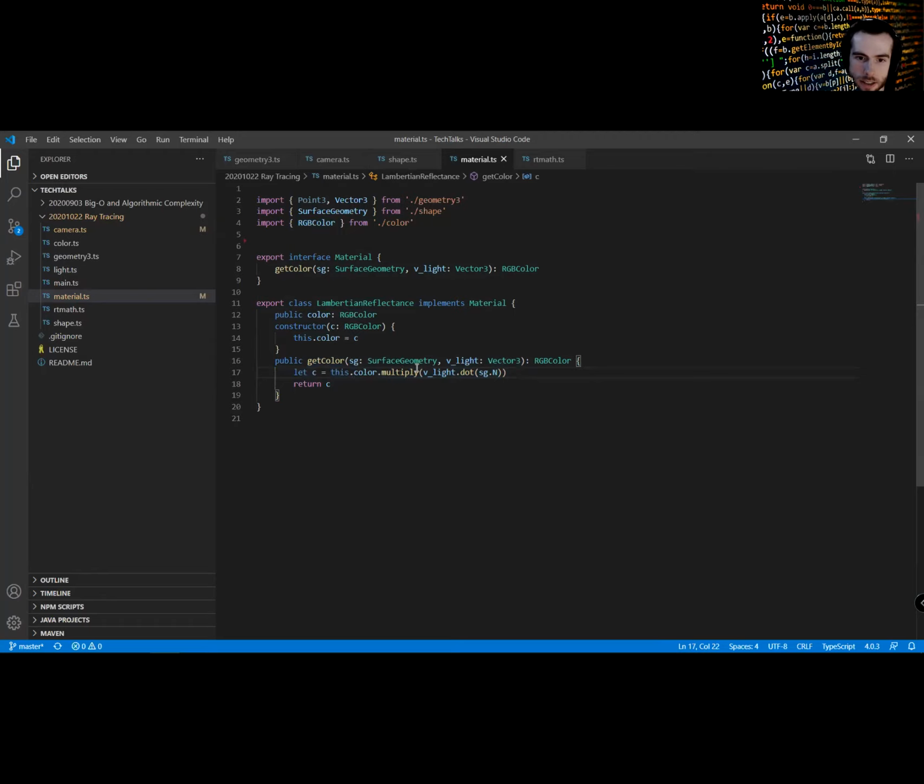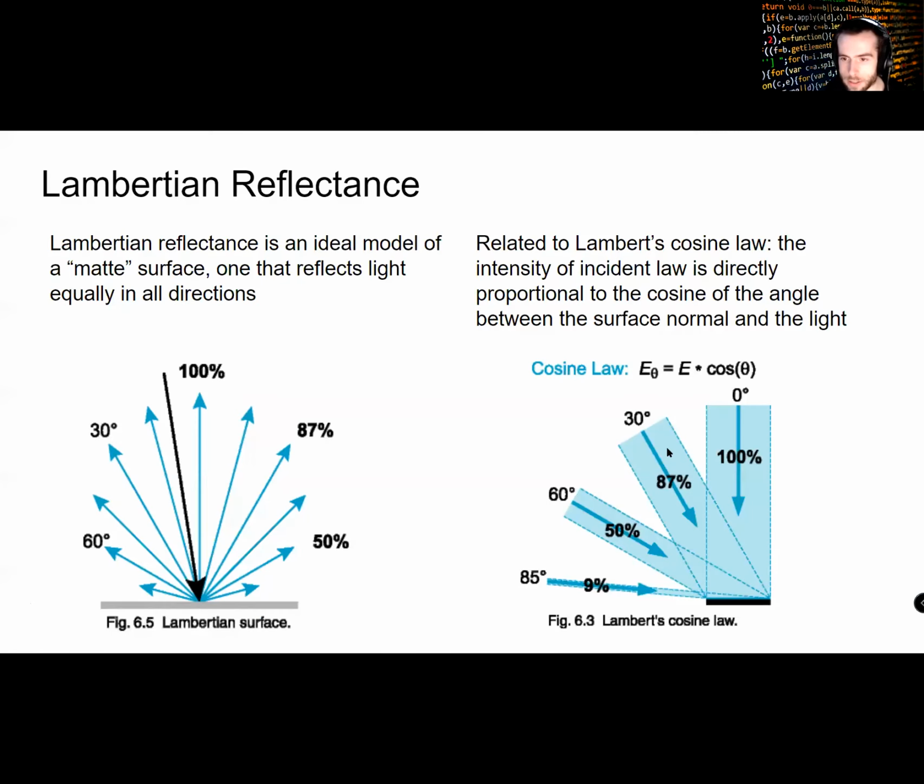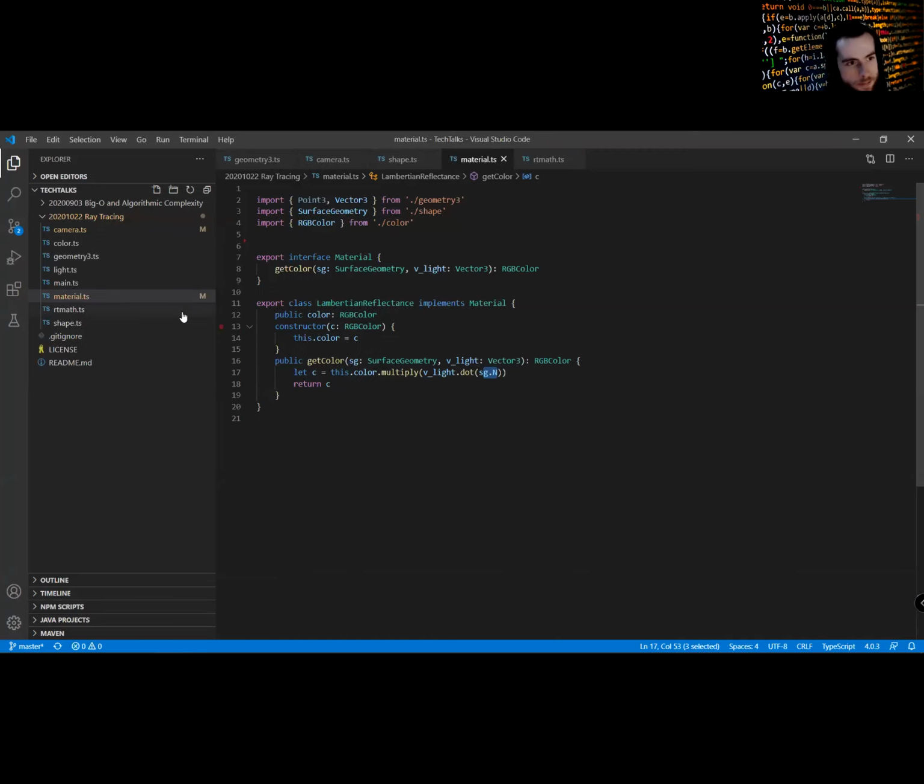And here, this is pretty straightforward. I just take the color of the material and multiply it by the dot product of the vector that's pointing in the direction of light and the surface normal. So that's basically Lambert's cosine law right here, because the dot product is the cosine of the angle between the two vectors. So that's all that does here.